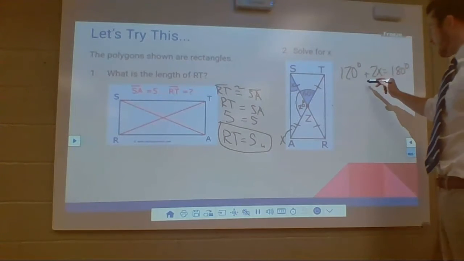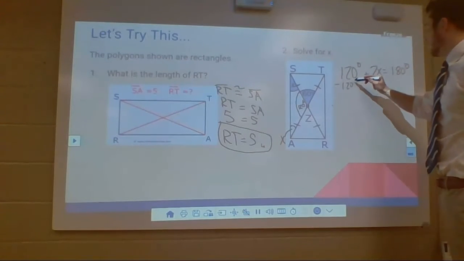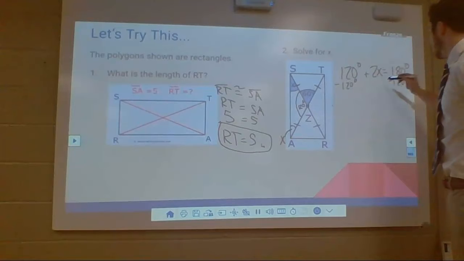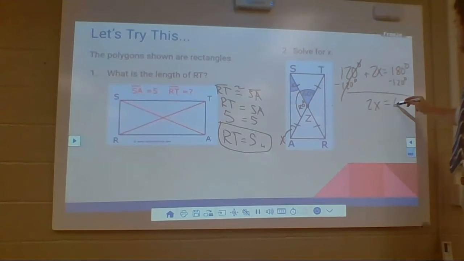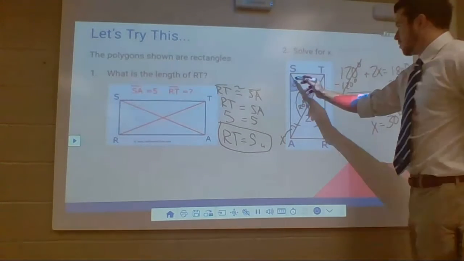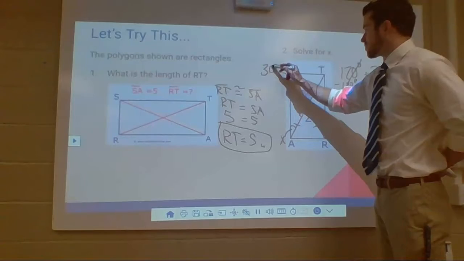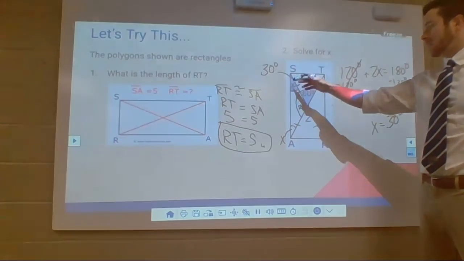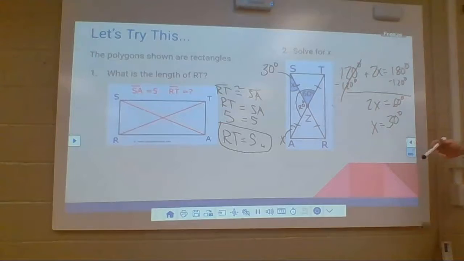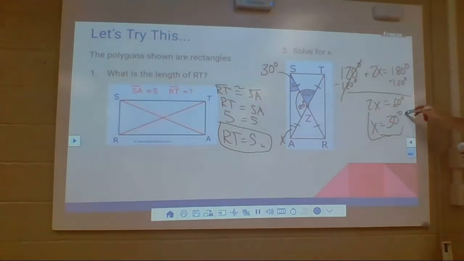So I'm going to subtract 120 degrees. We get 2x equals 60 degrees. Divide by 2, x equals 30 degrees. So, using the properties that we've just learned about rectangles and what we remember about isosceles triangles, we were able to find the value of x. It's 30 degrees. Pause that.